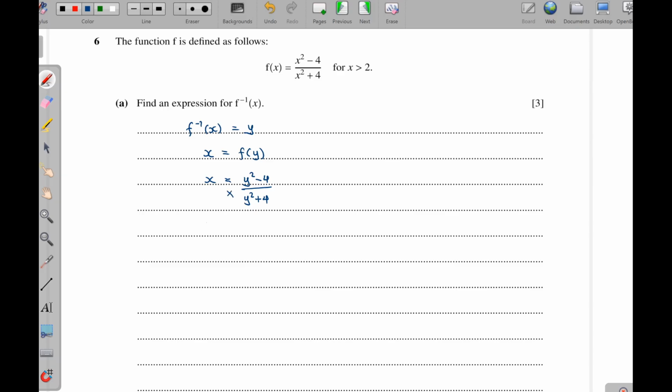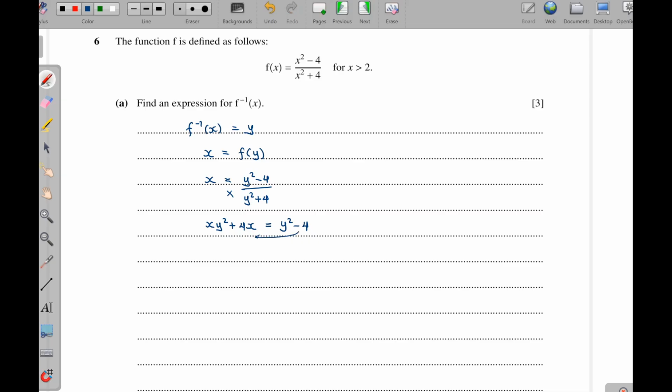So when we cross multiply, we get xy squared, then plus 4x, then this one is equal to y squared minus the 4. And then from there, I can put everything onto one side. So maybe I can put terms that have y onto one side, and x onto the other side. Maybe I can bring this 4 to this side, and take this one to the other side, okay?